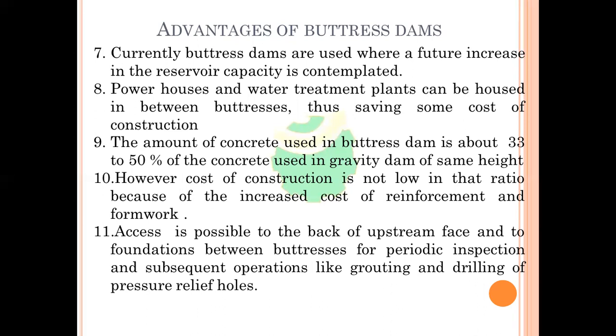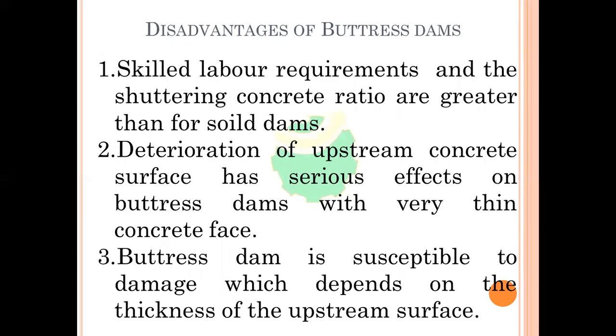Access is possible to the back of upstream face and foundations between buttresses for periodic inspection and subsequent operations like grouting and drilling of pressure relief holes. Next, what are the disadvantages of buttress dams?